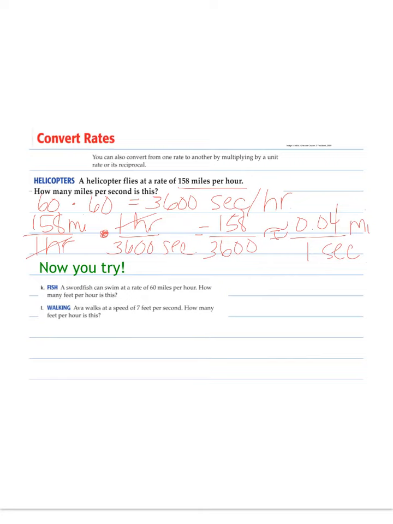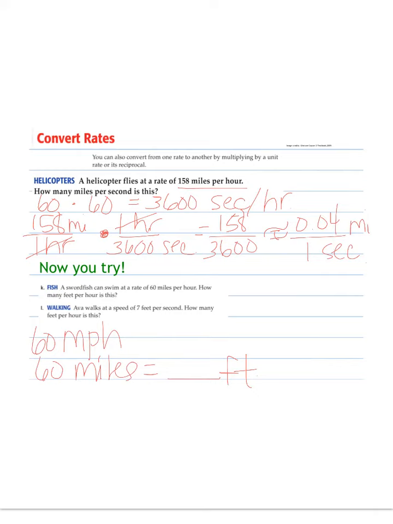A swordfish can swim at a rate of 60 miles per hour. How many feet per hour is this? So I'm going to rewrite this here. We have 60 miles per hour. How many feet per hour is this? It's asking us to convert 60 miles into how many feet?